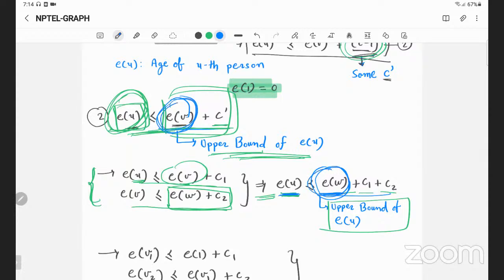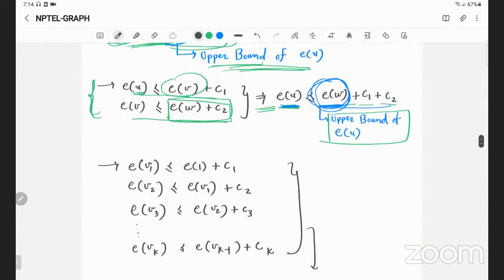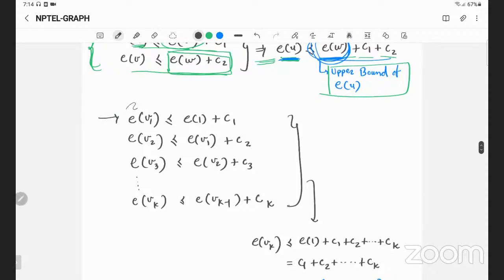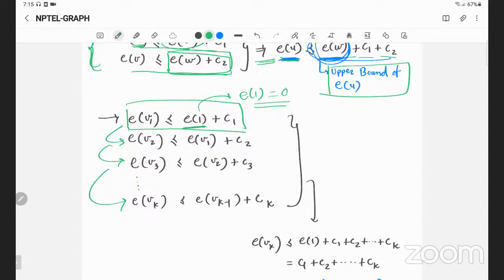But if you consider all the information, at some point we will get this type of inequality where E1 is also involved in the equation. So once E1 gets involved, we know that we are told E1 equals 0. The age of the first person is given as 0. Then we can replace each of these values sequentially in its next equation, and we can get a constant upper bound. So consider this example.